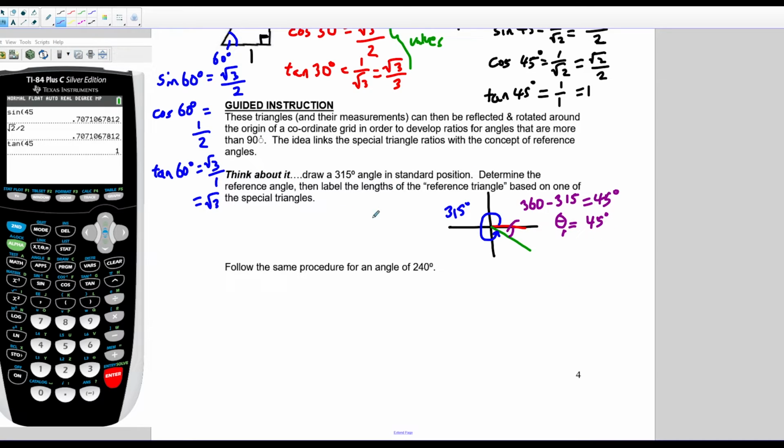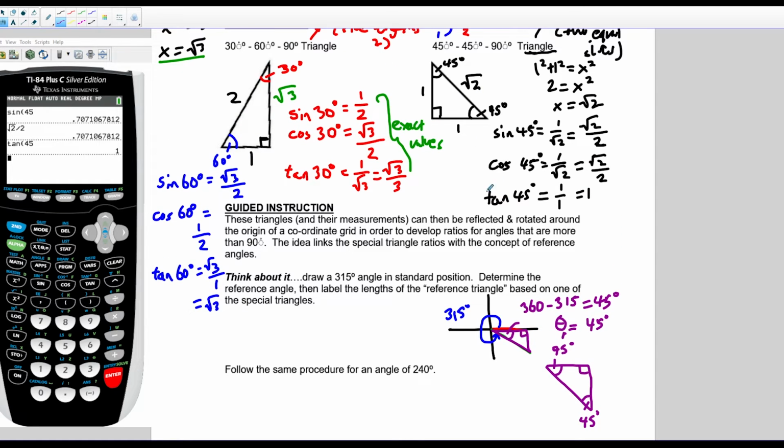Now, using our special triangles, maybe I'll finish drawing the rest of my triangle here in purple, and I'll draw it a little bit bigger. So this is the triangle that's formed. And since we know that this is 45 degrees, this angle right in the corner would be 90 degrees, which means that our remaining angle down here is 45. So if we were to look at our special triangles back up top, we're essentially just reflecting it and then reflecting it again.